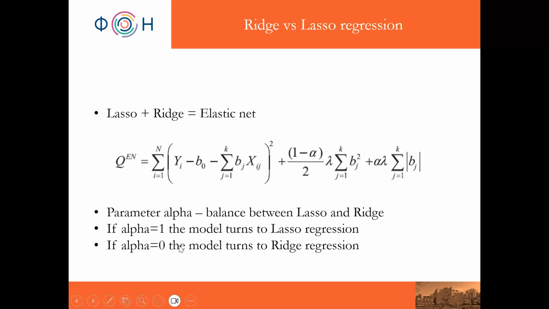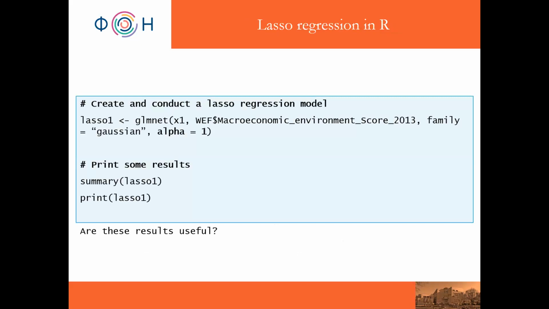If alpha equals 0, the model turns to ridge regression. Within our glmnet function, if we remember, we had the parameter alpha. If alpha is 0, we are creating a ridge regression. If alpha is 1, we are doing a lasso regression. So we can also play with this value, and we can have a combination of both lasso and ridge regressions.